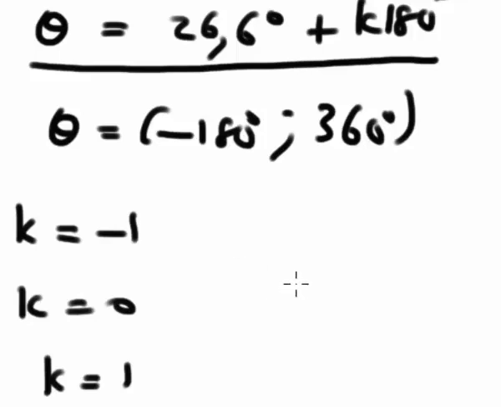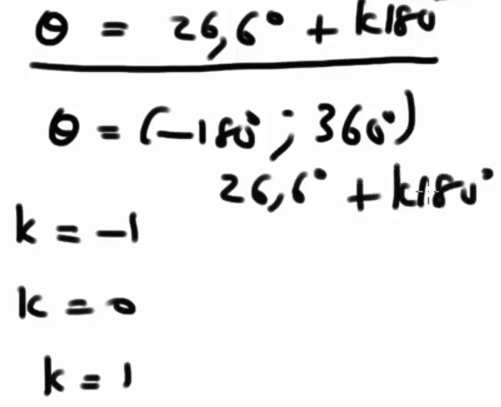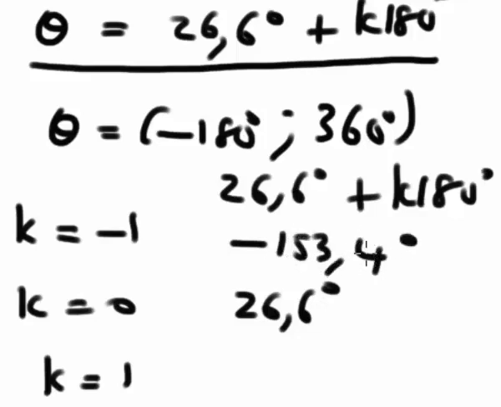And if we do that, well, what would this be? If you take your general solution here, 26,6 plus k 180, this would give you 26,6 if k is 0. And then if k is minus 1, that would give you minus 153,4. And then if you substitute k equals 1 into there, this will come to 206,6.